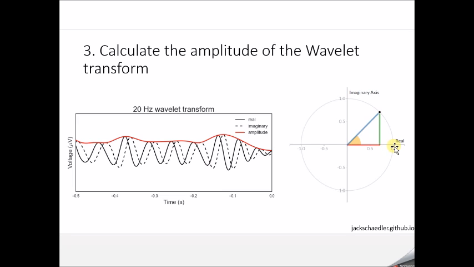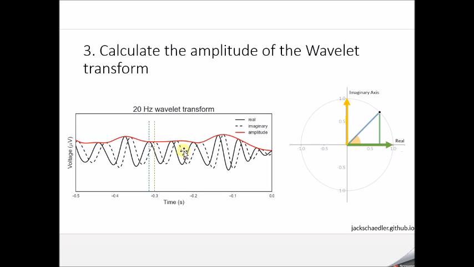If your imaginary component was 0 and your real component was 1, you would lie here in the plane, and that is specifically what we see at this time point highlighted in green, where the imaginary component is 0, the real component is 1, and therefore the amplitude, or the magnitude of this vector, is 1.